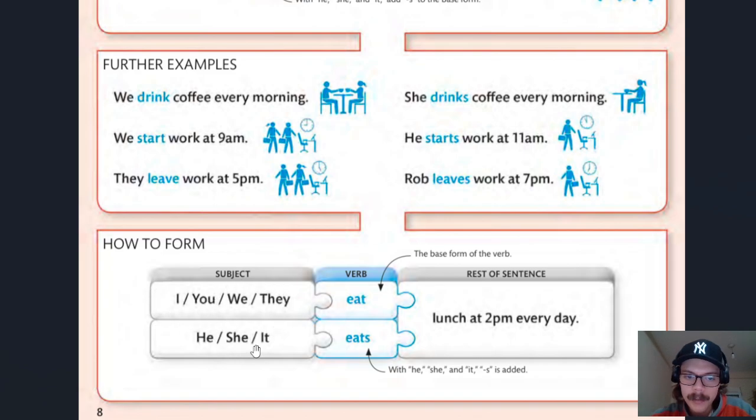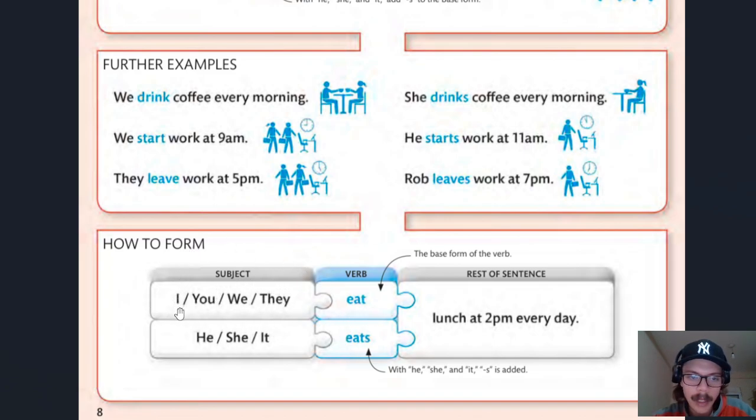Now, if you categorize this by person and number, it becomes much easier because you will realize that he, she, it all belong to third person and they're also singular because they're referring to only one person, which means that the general rule for the present simple is if you have third person singular, then you add s to the verb. If you have anything else, then you don't.